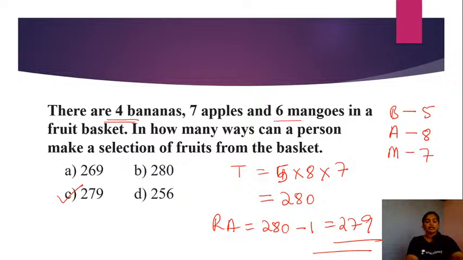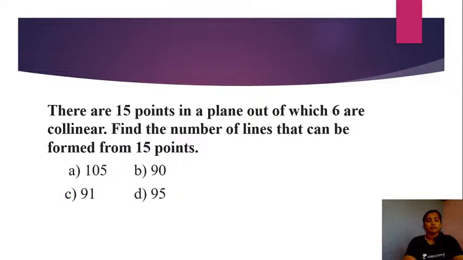So yes, let me proceed with the next question. So here you have the next question now, students. There are 15 points in a plane, out of which 6 are collinear. Find the number of lines that can be formed from the 15 points.